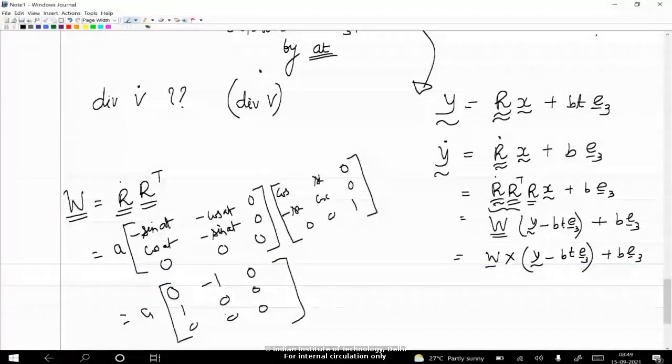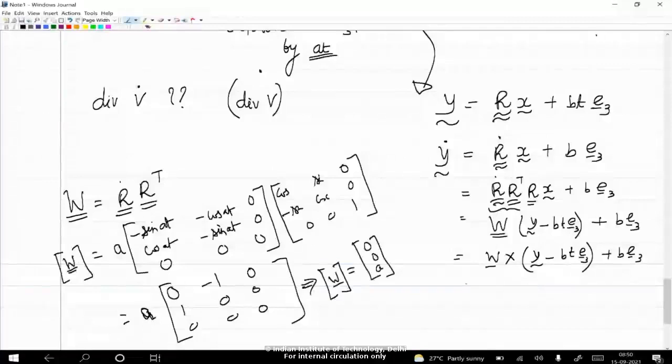When you work it out, you will see that it is indeed a times this skew symmetric tensor. So that's your W skew symmetric tensor. And from here, you can see that this W vector, the axial vector, is simply 0, 0, a.